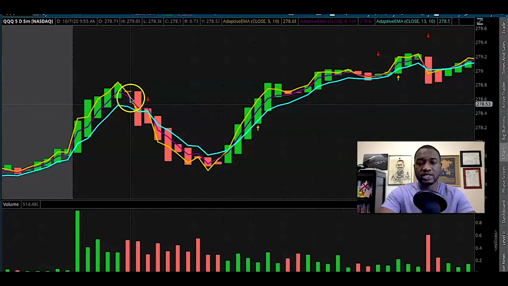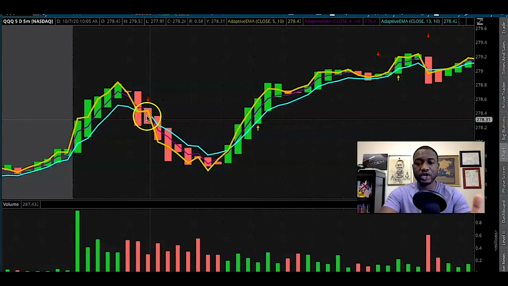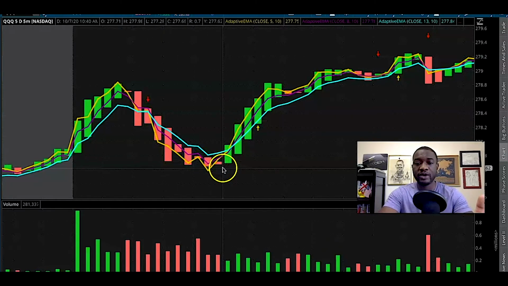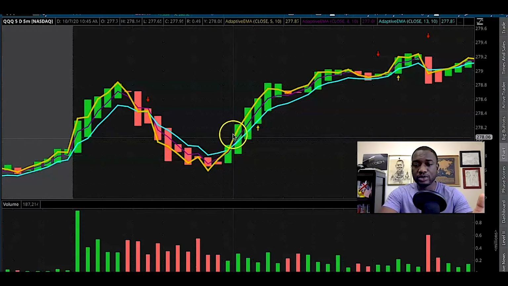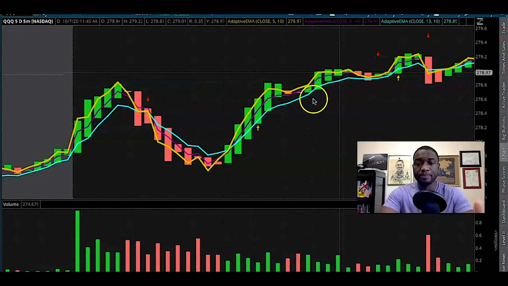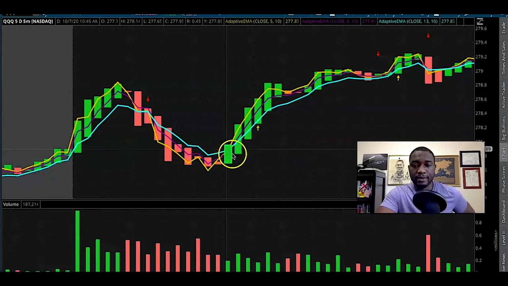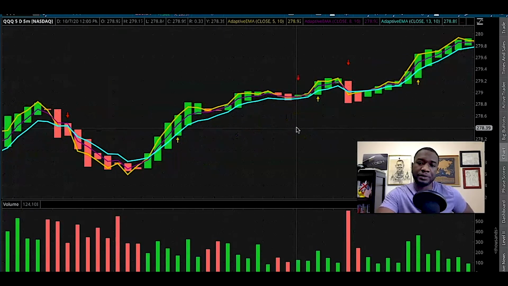Usually once the yellow is at the bottom part of the chart, it will signify the stock will keep on going down. Once the yellow crosses to the top and the blue is at the bottom, it will signify that the stock will go up. That's based on my experience from using this. Now, when they cross over here, they are very good indicators of what's about to go on, right?